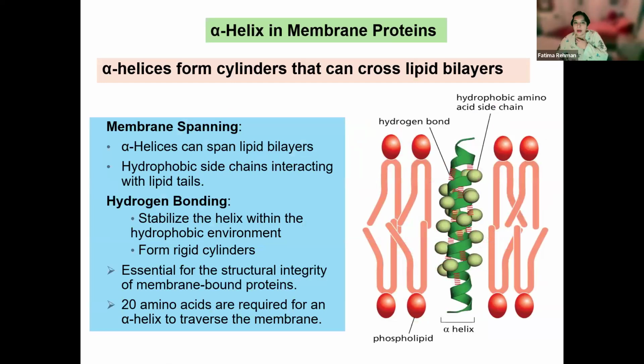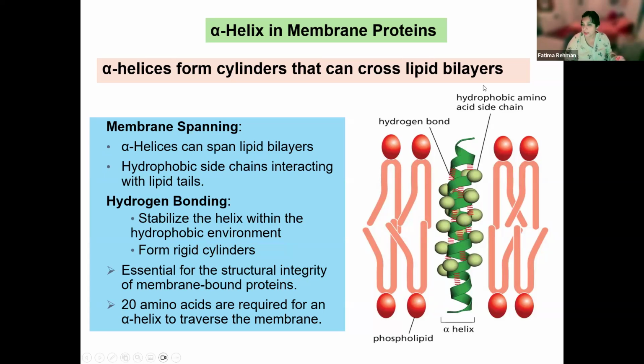So let's start off looking at alpha helices. And again, now we're going to use an example of a membrane protein that you're comfortable with and you've seen before. Alpha helices basically form these cylindrical coiled structures that allow proteins to cross the lipid bilayer, to be transmembrane proteins. They can be membrane spanning.